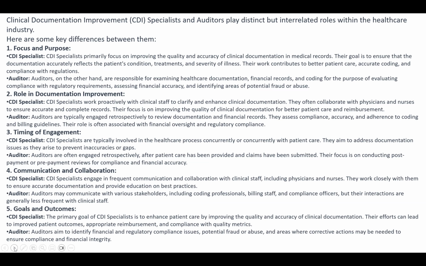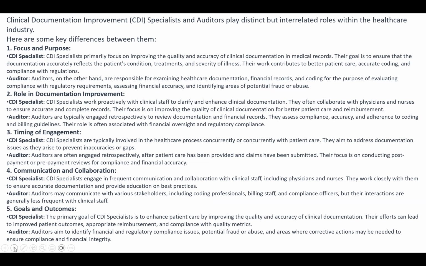Role in documentation improvement. CDI specialists work proactively with clinical staff to clarify and enhance clinical documentation. They often collaborate with physicians and nurses to ensure accurate and complete records. Their focus is on improving the quality of clinical documentation for better patient care and reimbursement.